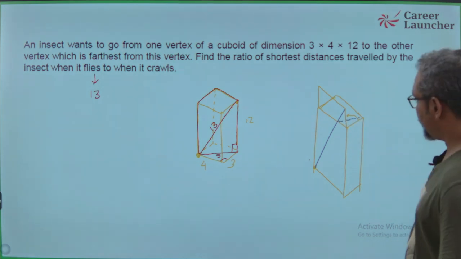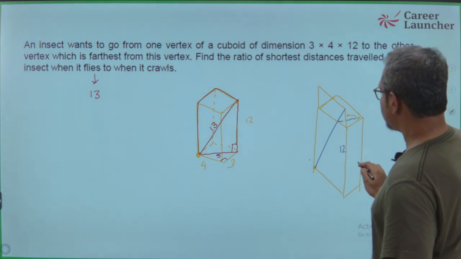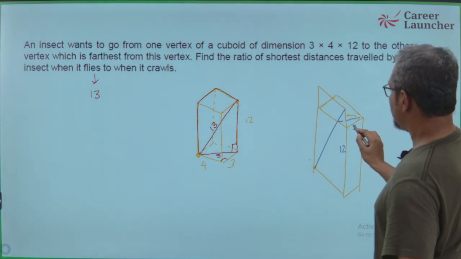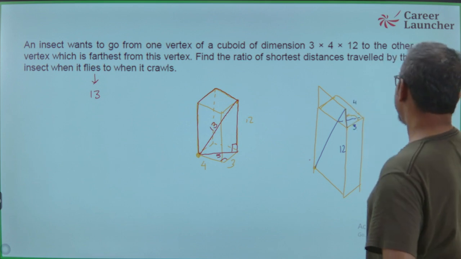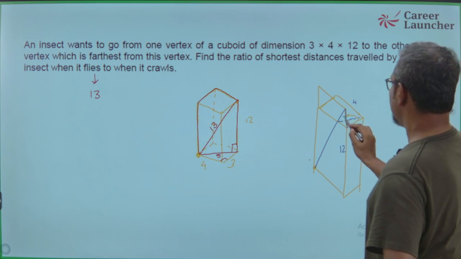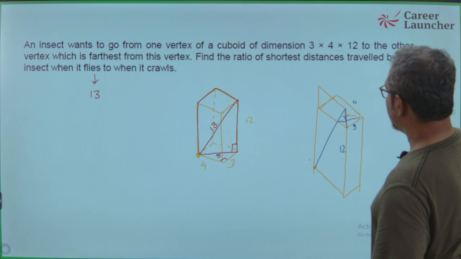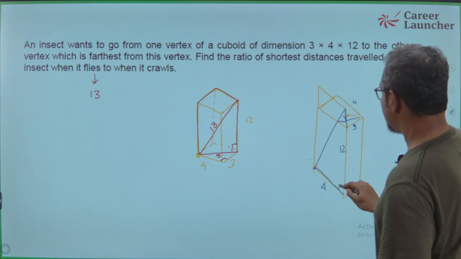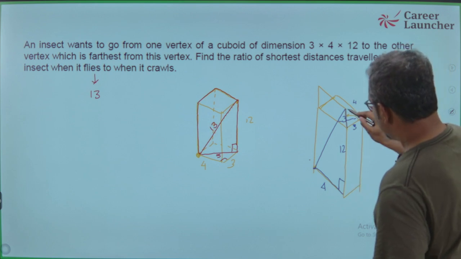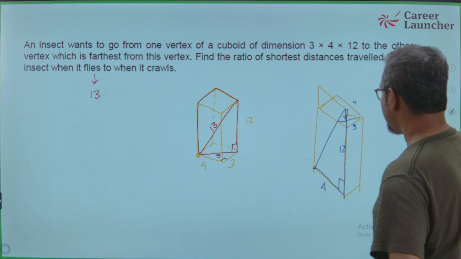So how do you find that? So this is 12, this is 3, and that's 4. When it flips open, this also becomes 3, right? So here we have a triangle where this is 4, that's a right angle. This entire thing is 15.